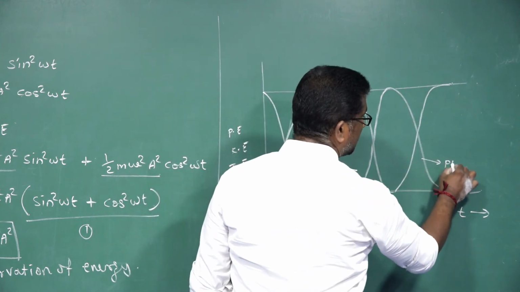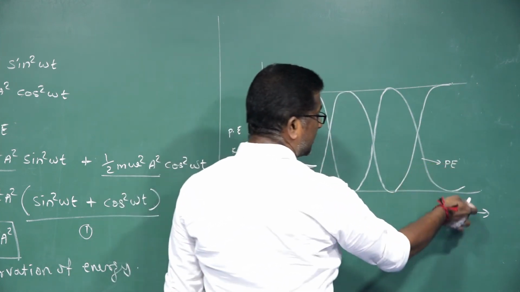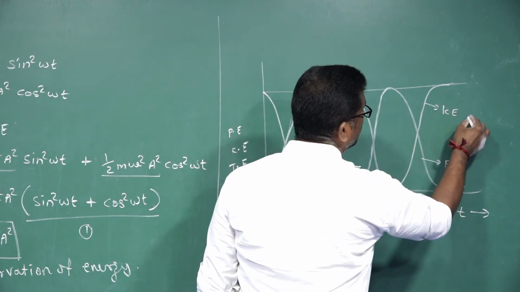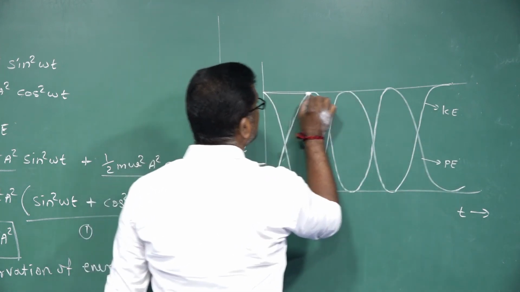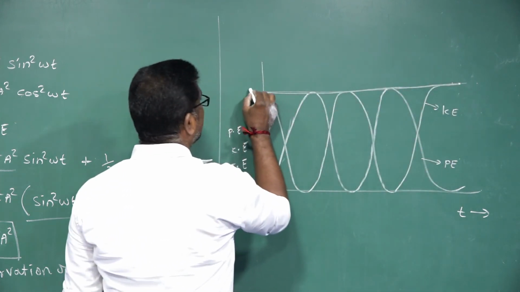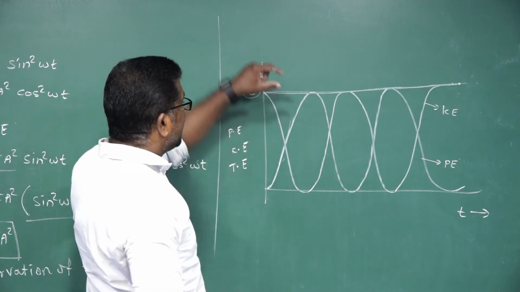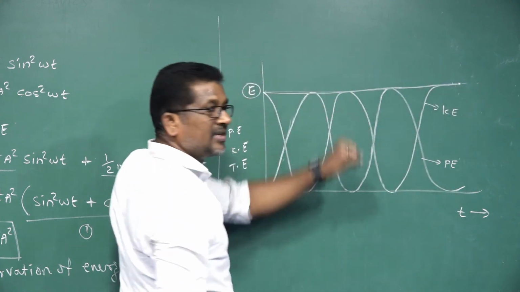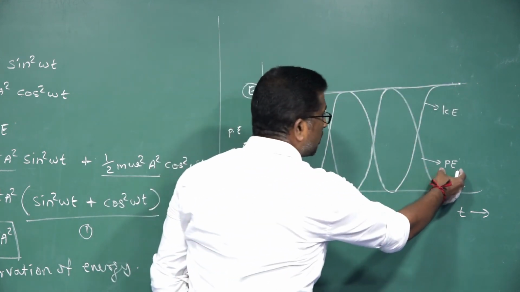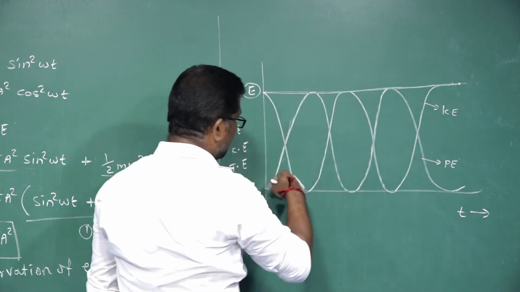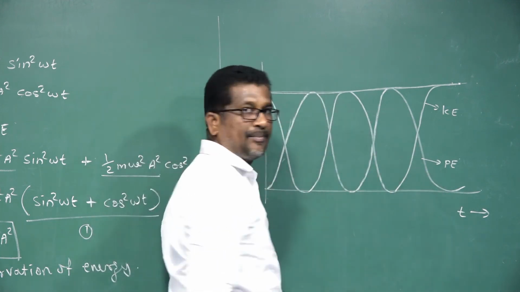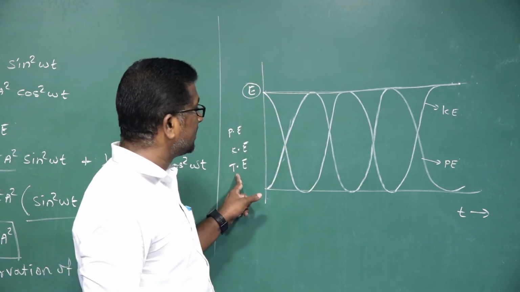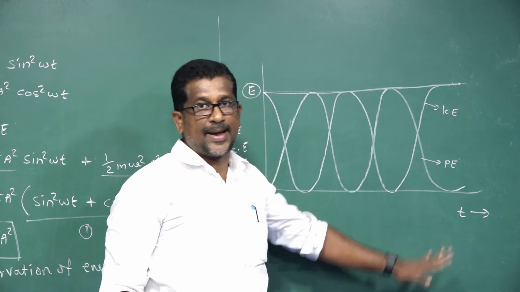This is the variation of potential energy with respect to time. This curve is the kinetic energy variation with respect to time, and this is the total energy. So the total energy of the particle in simple harmonic motion remains constant, whereas the potential energy and the kinetic energy continuously change with time. So this is the common graph for potential energy, kinetic energy and total energy with respect to time.